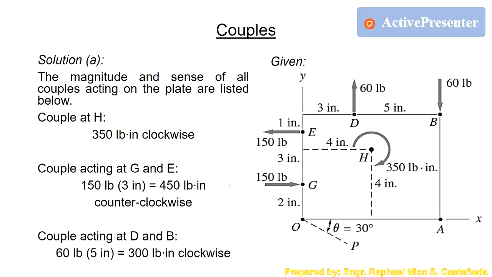Then for the forces on D and B, we have clockwise, because this is upward and this is downward. So that is 60 pounds times 5 inch, that is 300 pound-inch clockwise. So if we add them together, this is negative, this is positive, and this is negative.